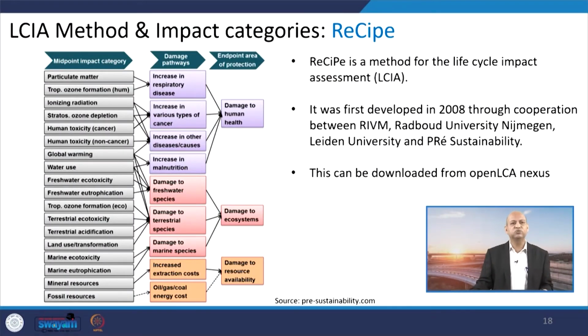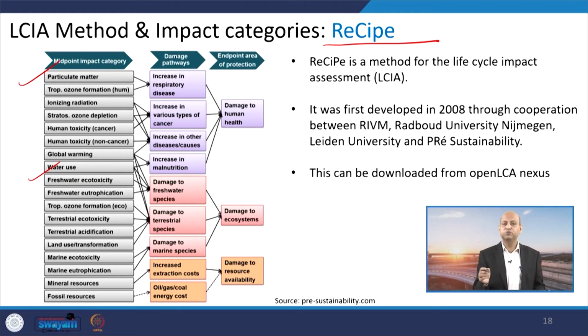Then we also have seen, if you remember in the theoretical lecture, the LCIA method and impact categories. This is related to this particular module of ReCiPe. The midpoint impact categories are many, like particulate matter, ozone formation, ozone depletion, human toxicity, water usage, global warming. There are so many things.